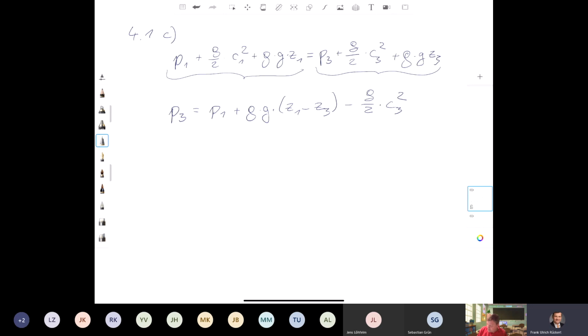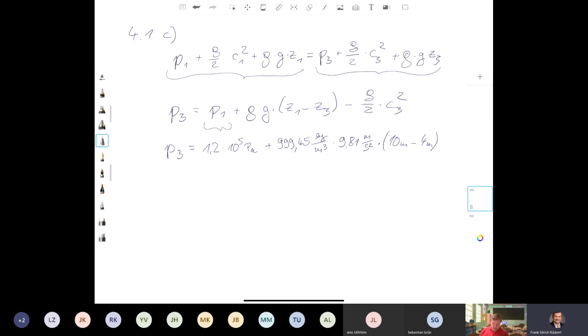And we can now calculate the result. P1 is 1.2 times 10 exponent 5 pascals, that's our pressure here, plus 999.45 kilograms per cubic meter times 9.81 meters per second squared, that's our gravity constant, times 10 to the minus 4 meters.